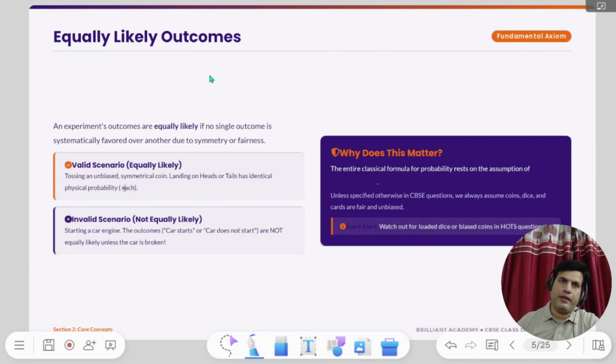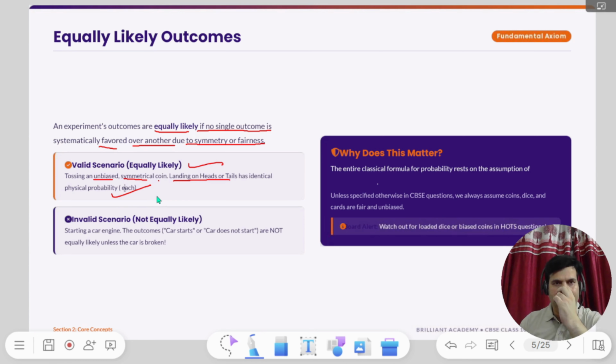What is equally likely? Experiment outcomes are equally likely if no single outcome is systematically favored over another due to symmetry or fairness. So this is the definition of equally likely. A valid scenario is, like, tossing an unbiased symmetrical coin: landing on heads or tails has identical physical probability.